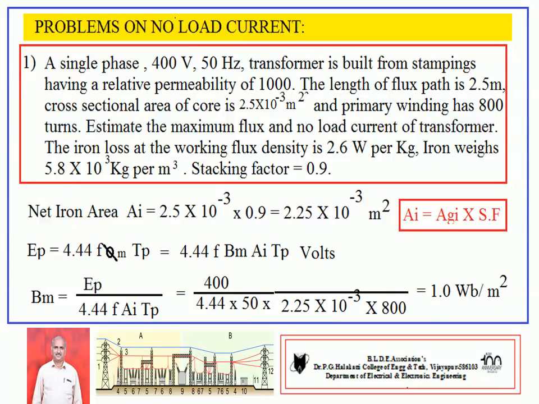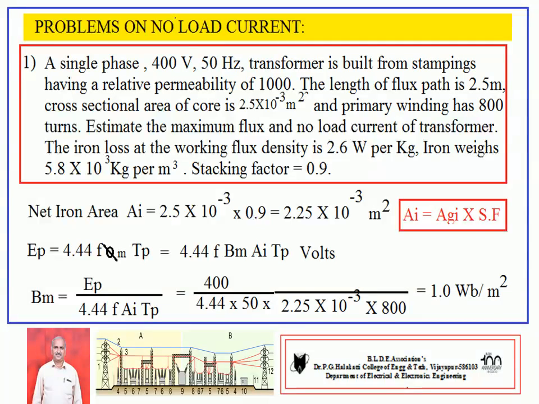First step, go for net iron area. Net iron area we are getting 2.25 times 10 to the power of minus 3 meter square. It is also known that primary voltage, or the EMF of primary, is equal to 4.44 times F phi m into Tp.